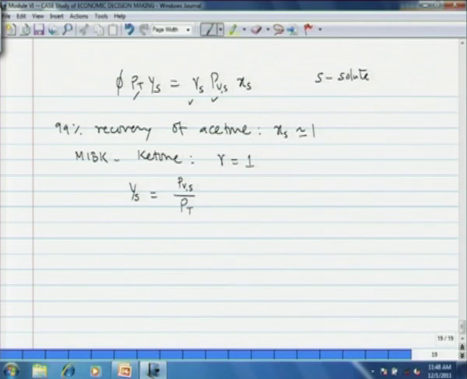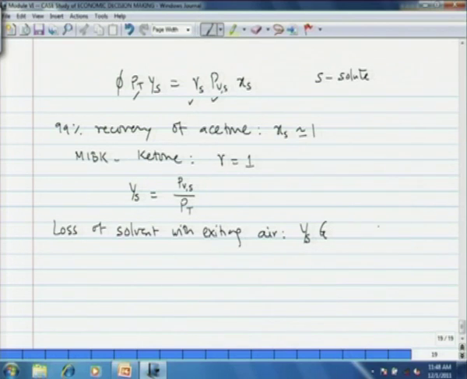And then the loss of solvent with exiting air is going to be y_s into G, where G is the molar flow rate of air.